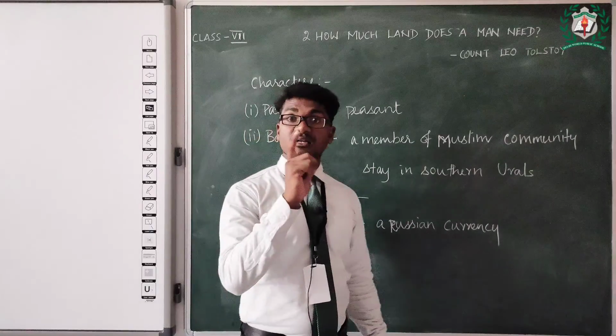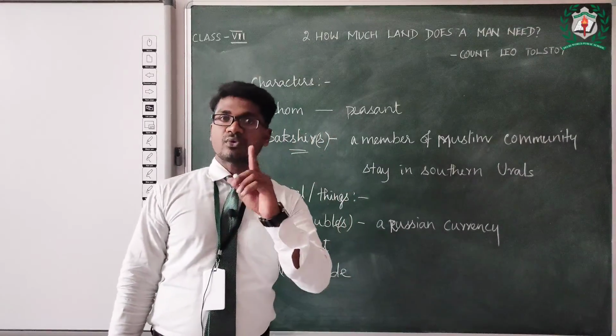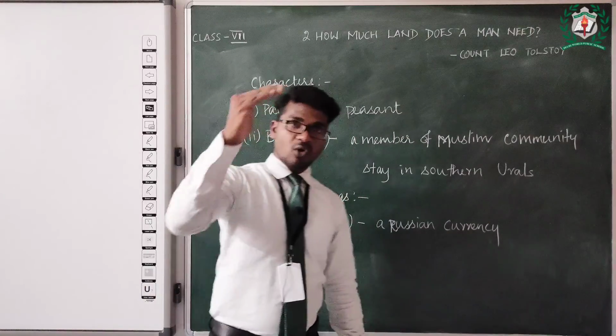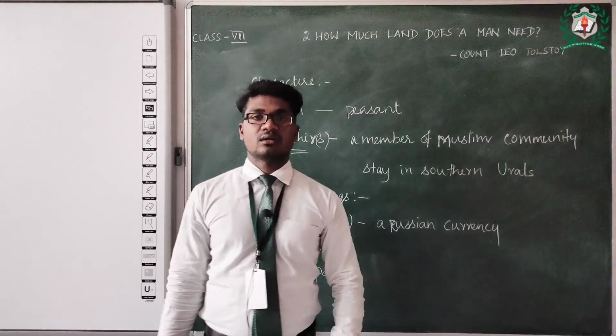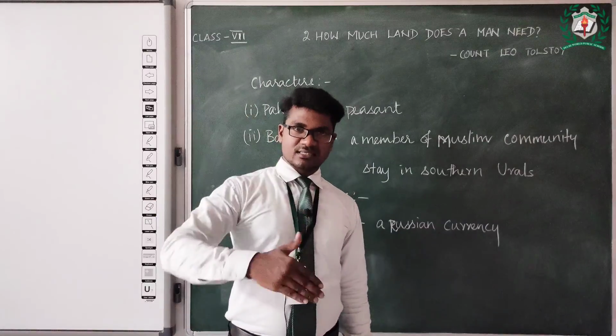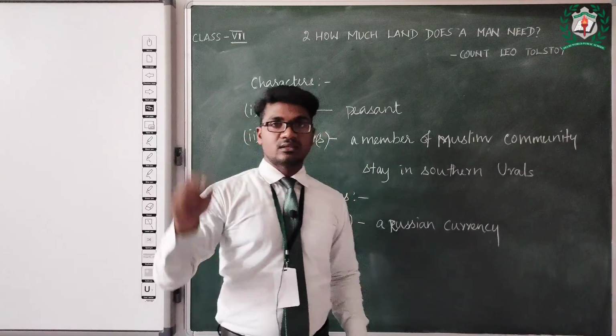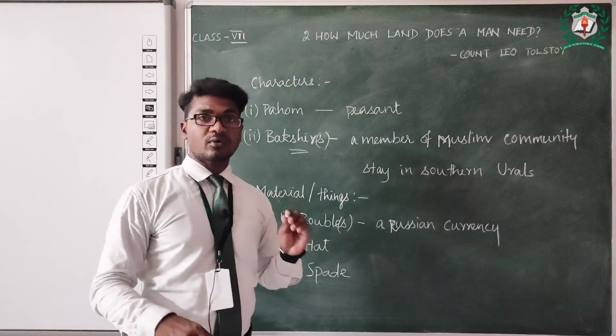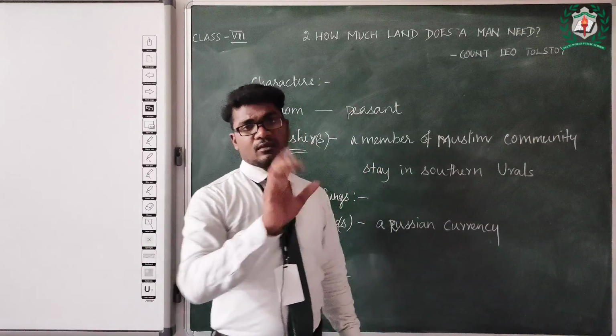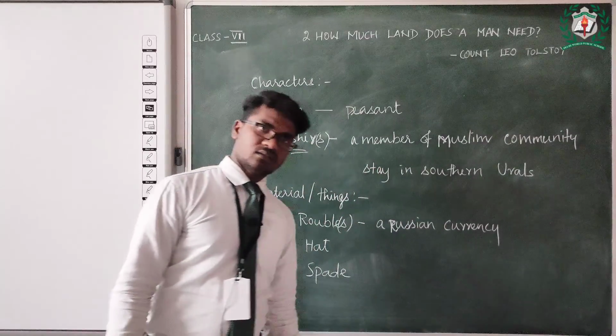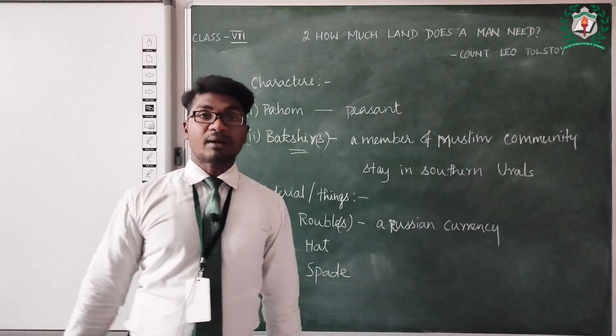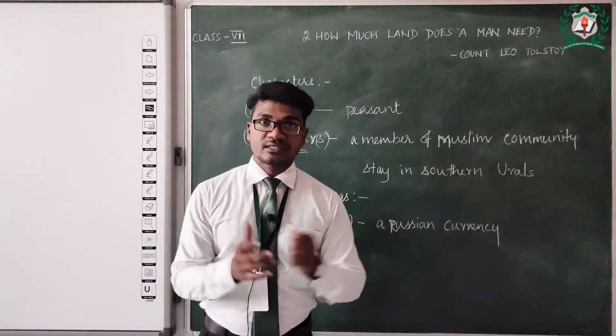But the condition is, you have to start in the morning, at dawn, and in the dusk, before the sunset, he should come back to the starting point, and the land will be Pahom's. Okay, let's see.